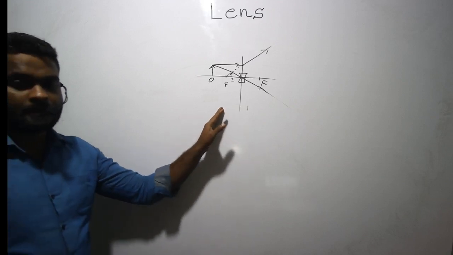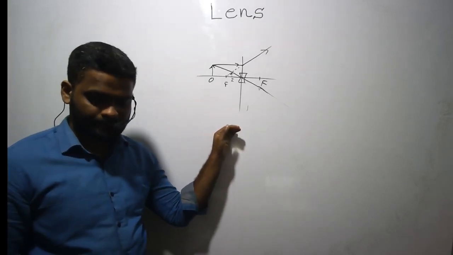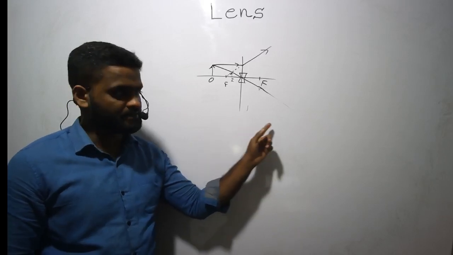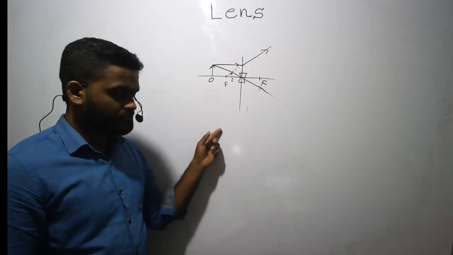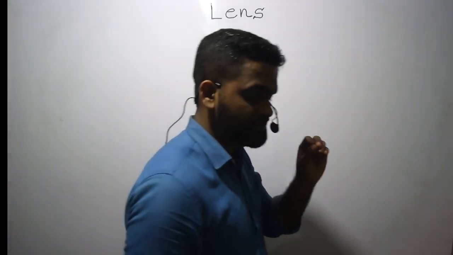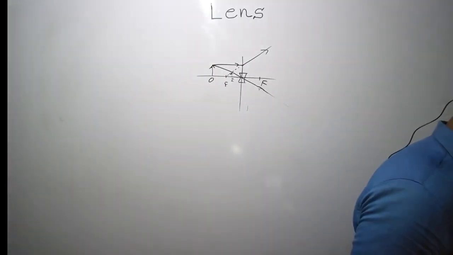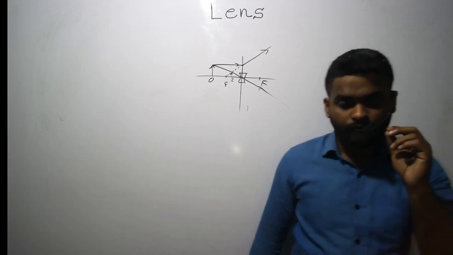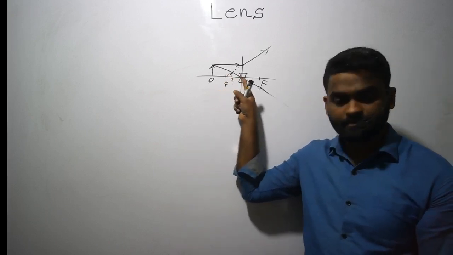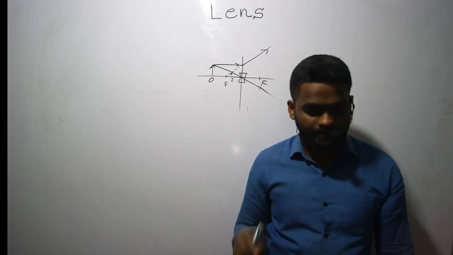Right. Below this, image is, comma, first point, formed between F and C.